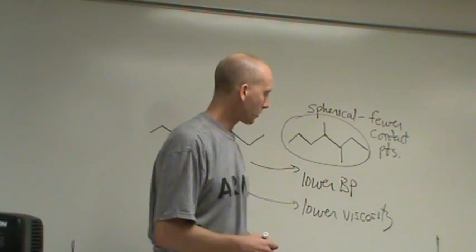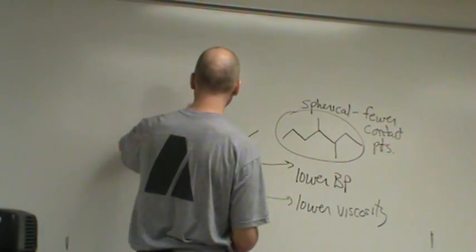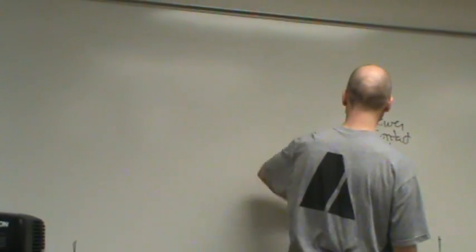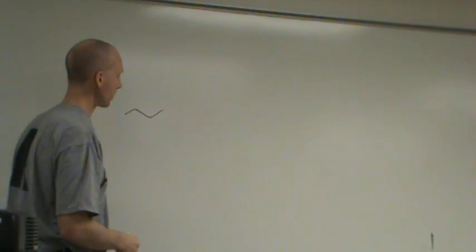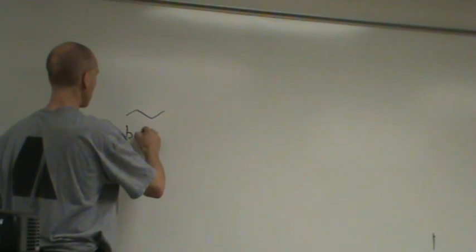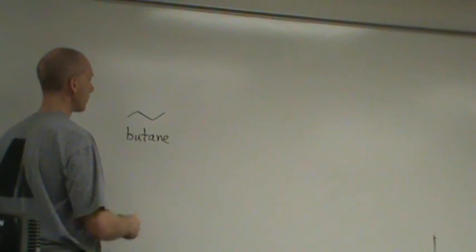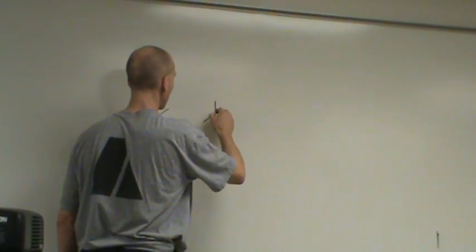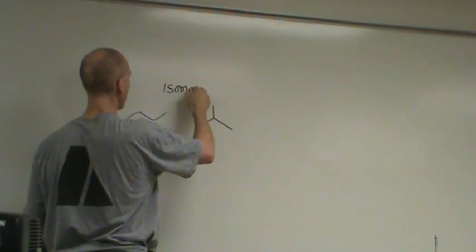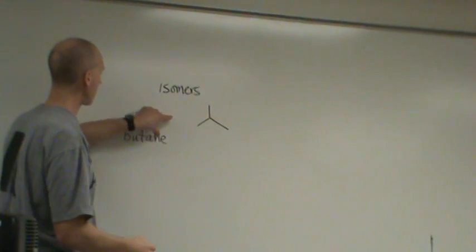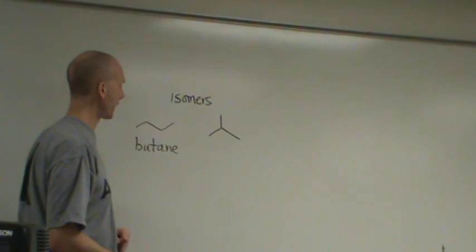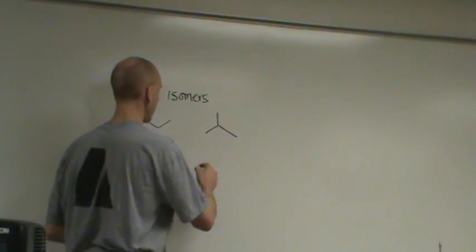Well, let's get into naming these alkanes. If, for example, we looked at this 4-carbon alkane, remember that was butane, we could make an isomer of butane by putting a branch on that carbon there.